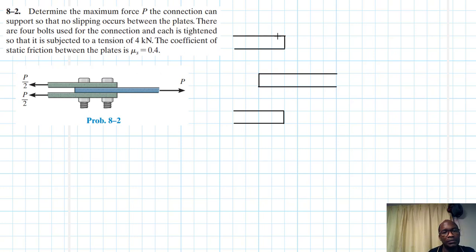So let's say, like I was trying to draw, they are exerting a compression force on the plate. This is the result on the actual connection. So this is what I was just trying to show.